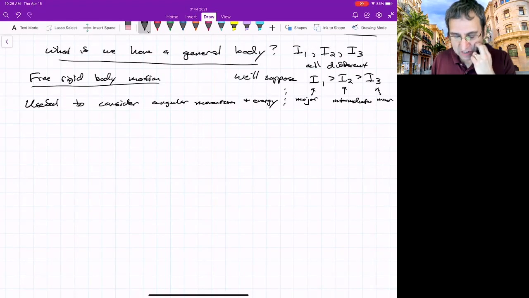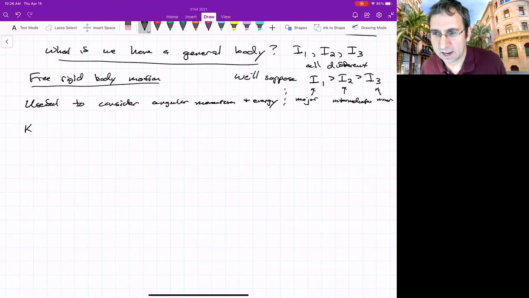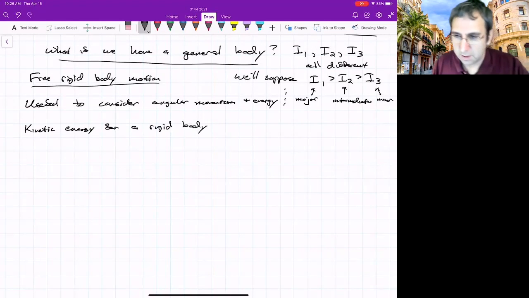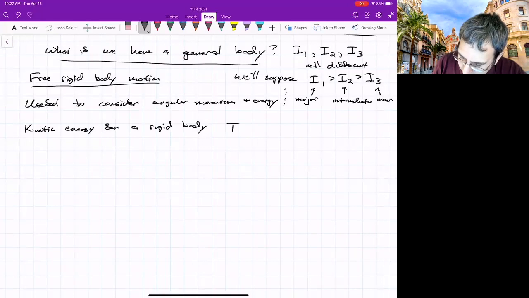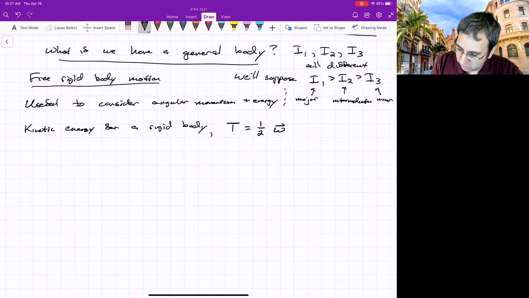We've already discussed angular momentum, but I don't think I've said what the kinetic energy is for a rigid body. The formula is, we usually write it as T. We have 1/2, and you could write this as omega transpose I_C omega. And if all of these are written in the body fixed frame, then we just remind ourselves of that.